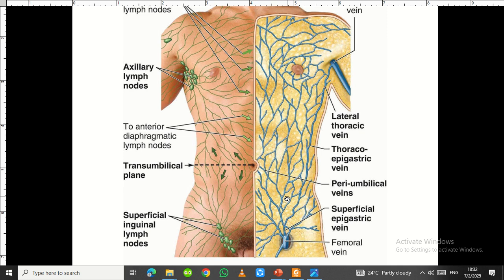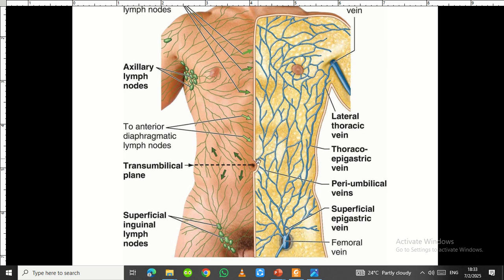So what happens is this: the blood in the portal vein will be redirected, reversed, and is going to go through those para-umbilical veins, right? And these para-umbilical veins also anastomose with the superficial epigastric vein, and the superficial epigastric vein anastomoses with the lateral thoracic vein.